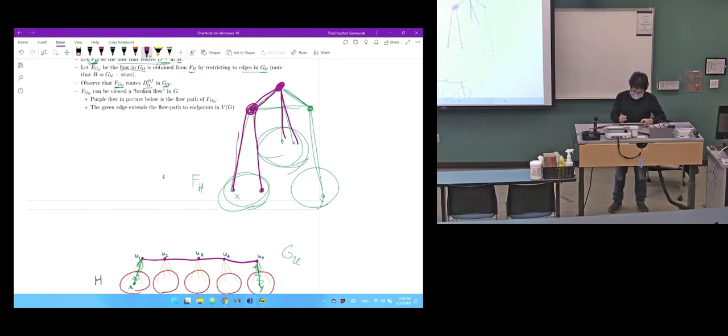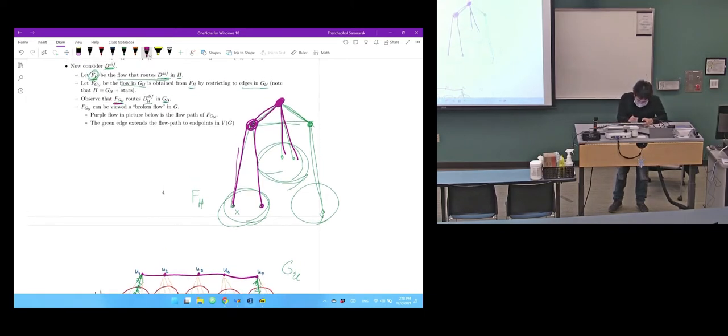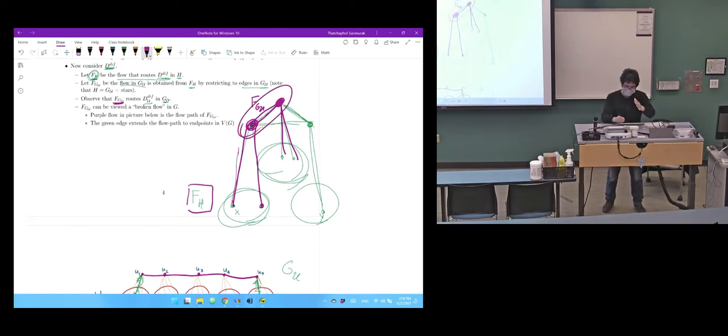So what I do here is look at F_H, and I look at F_GU, which just truncates the endpoints to be the endpoints in G_U. Then this flow is going to route the projected demand, right?